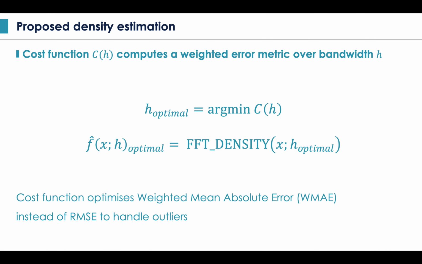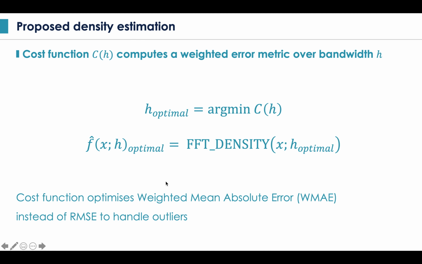So the idea then remains that we have this cost function CH. We want to minimize this cost function and get the optimal H, where we have the minimal cost function value. Then we plug this H optimal into the FFT density algorithm and get the optimal density estimate.